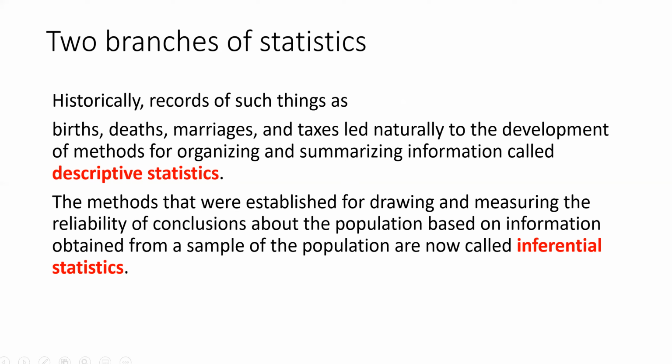So we have two branches of statistics: descriptive statistics and inferential statistics. Historically, the records were obtained, such as birth records, death records, marriages, taxes, and that naturally led to development of methods for organizing and summarizing information that we call descriptive statistics.